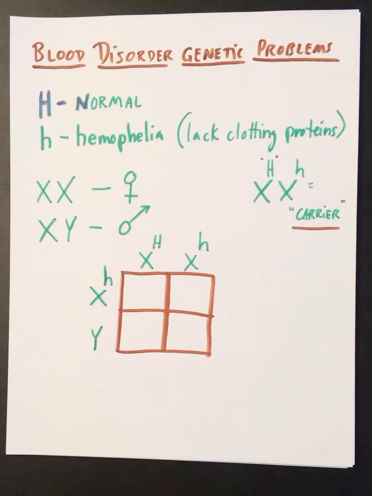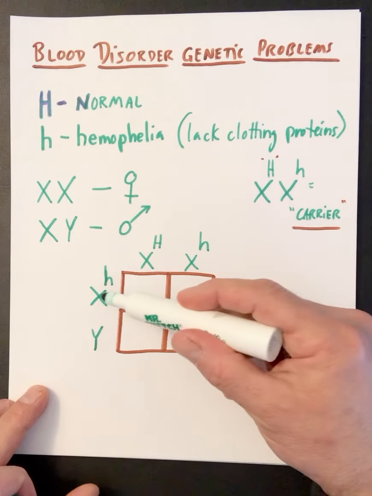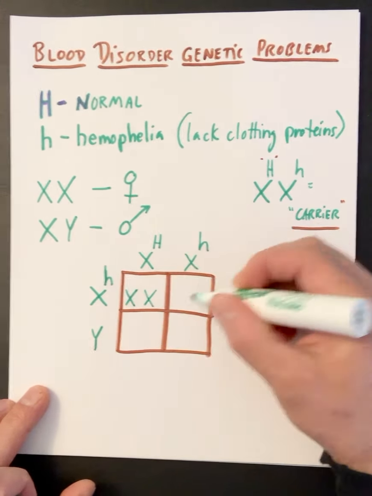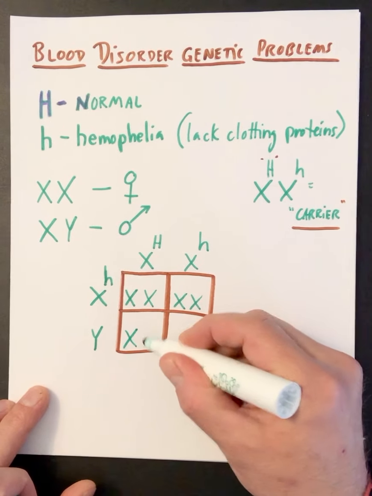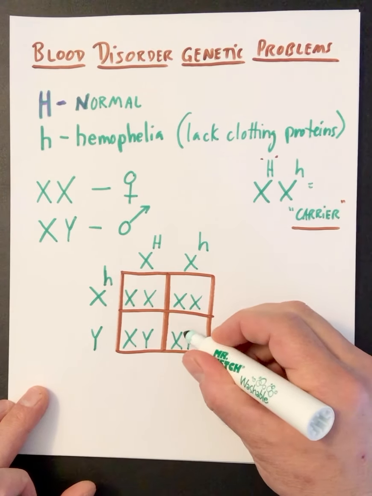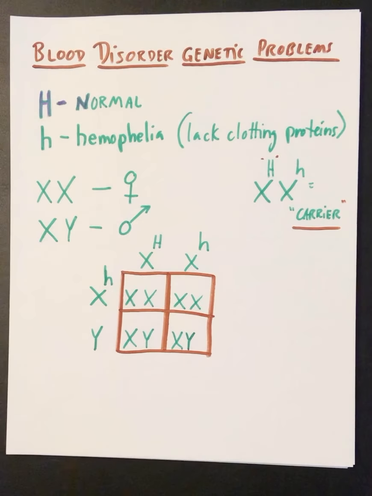So what we do is we first do our crosses, and you can do your sex chromosomes alone first. So X and X meet in a box, XX, same here, and then XY meet in a box. When it comes to genetics, we always keep alphabetization so we all do the same thing.